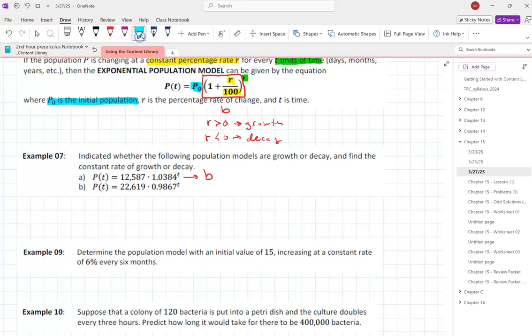Maybe I'll highlight so that the t doesn't get overwritten. Then we can say that 0.0384 is equal to 1 plus r over 100.